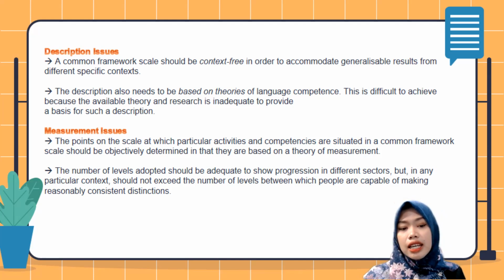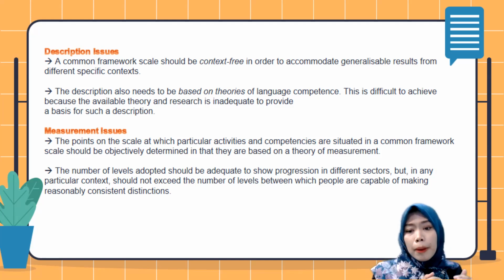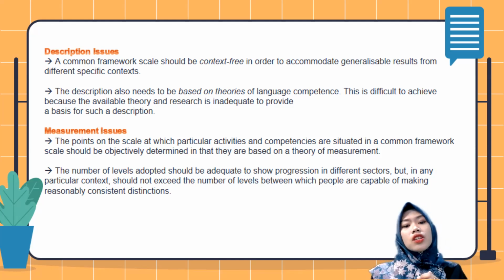And next is the number of levels. It should be adequate to show progression in different sectors. But in any particular context, it should not exceed the number of levels between which people are capable of making a reasonably consistent distinction.